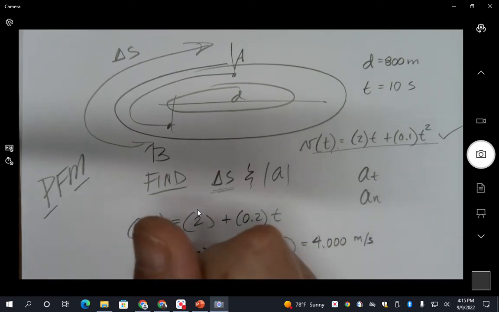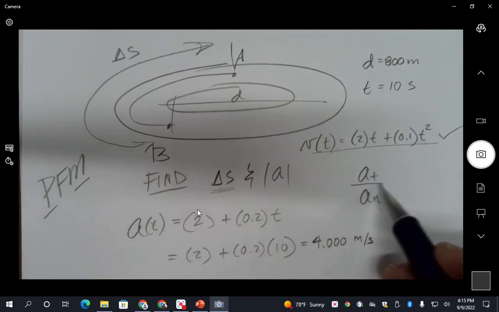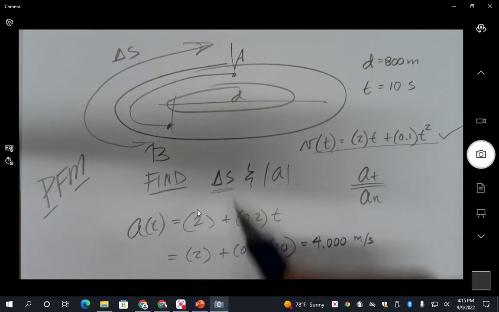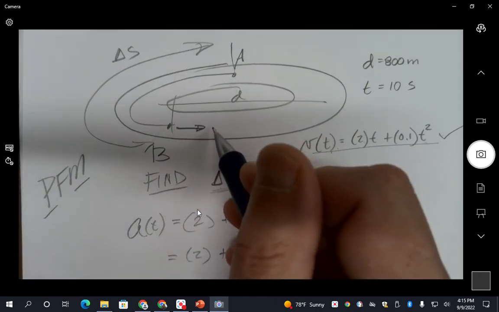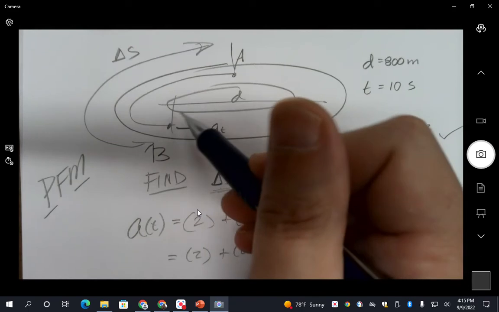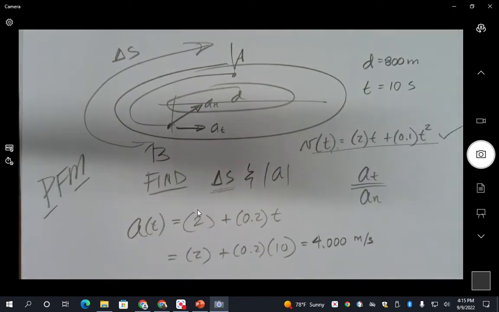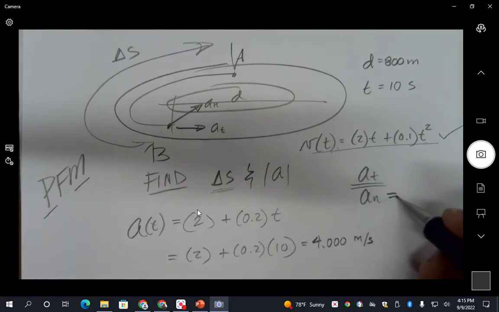That's going to be the tangential acceleration, because that's along the line of the curve. You could think of that as the a_t coming that way, but he's also going to have an a_n going towards the middle. We need the velocity to find that, because it's v squared over rho.